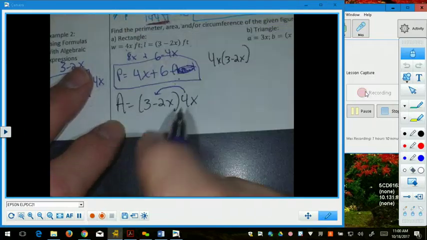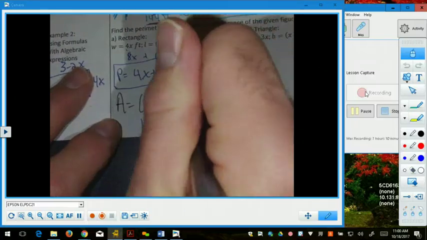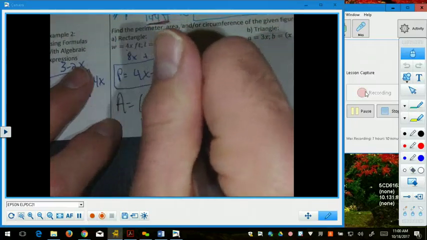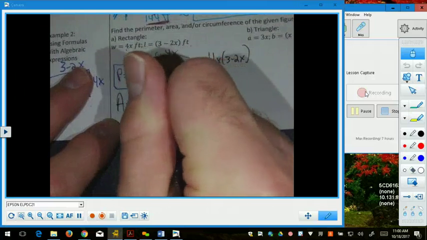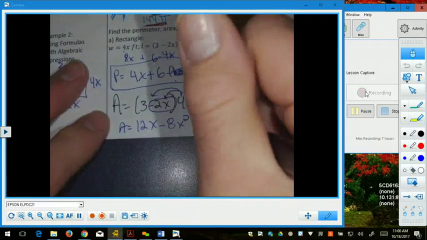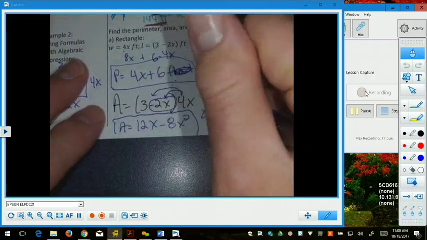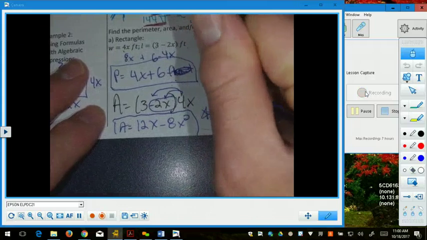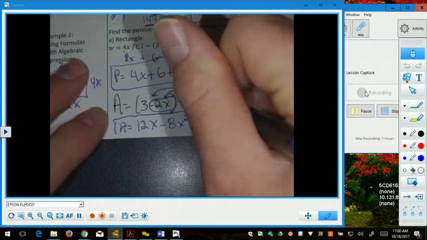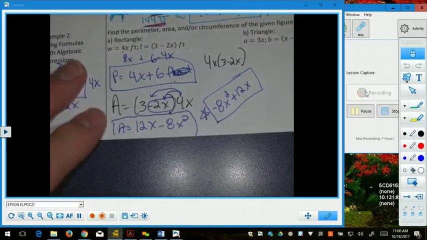When you distribute, the 4x times 3 is 12x. What's 4x times negative 2x? Negative 8x squared. Now, if I put it in standard form, I'm okay with this answer, but in standard form, it technically should be negative 8x squared plus 12x, because we always put the highest degree first in standard form.